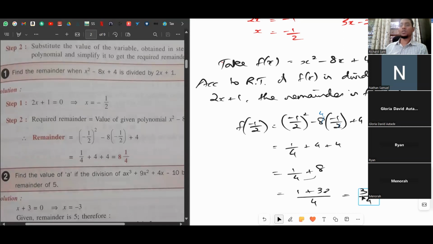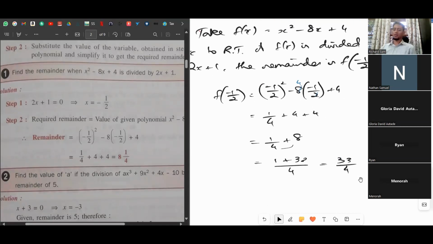It's an improper fraction, so convert that to a mixed fraction. How do you convert this into a mixed fraction in the mind? You have to think, 4 into what gives 33? 4 8s are 32, so you put 8 over here. And one extra is there, put that 1 on top. So 8 1 upon 4.